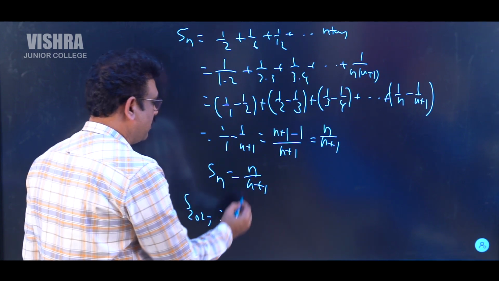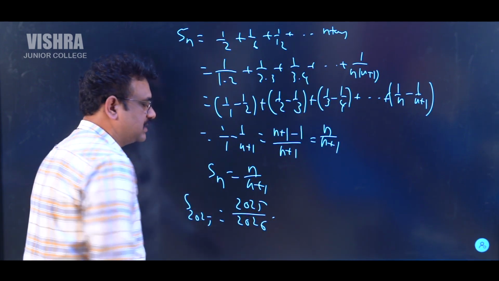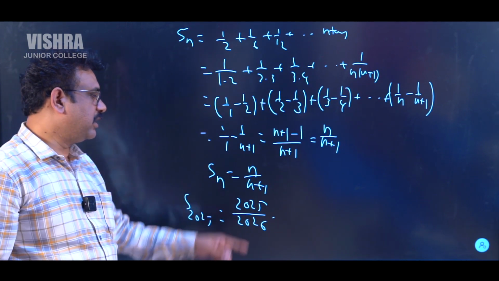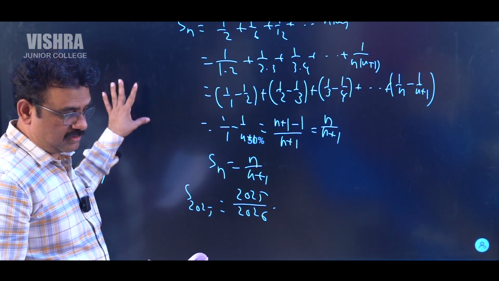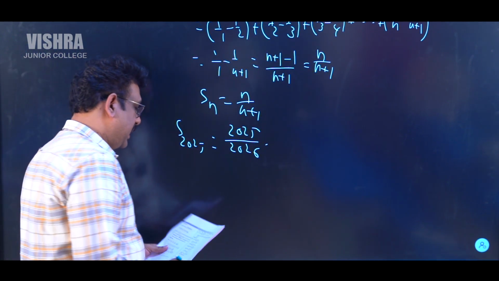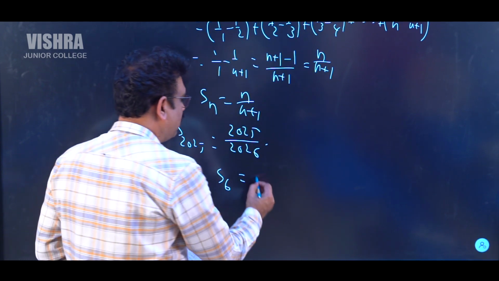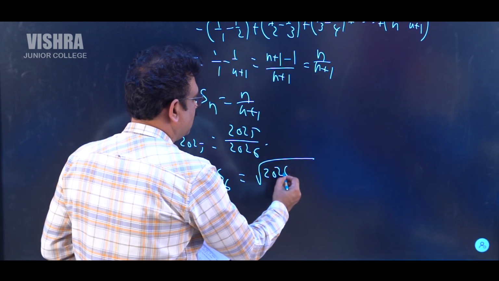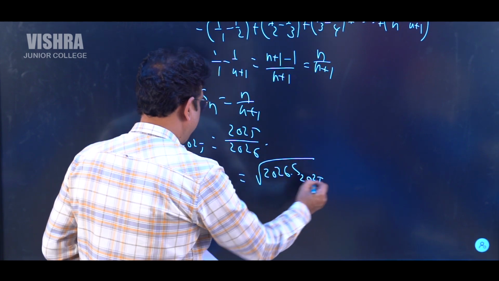2025 is equal to 2025 by 2026 using Sn equal to n by n plus 1. Now next, the sum of 6 terms, S6, is given as square root of 2026 into S2025.